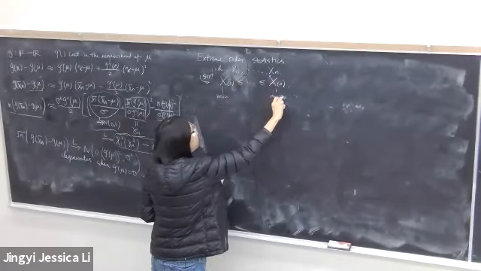Please note that even though the ordered x parenthesis 1 doesn't look like it depends on n, it actually does, because we need to have a sample of size n to sort it. So therefore, this x parenthesis n will actually depend on the whole sample x1 to xn.